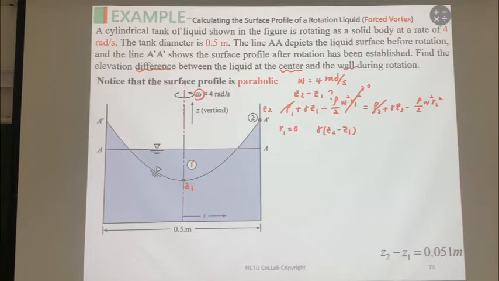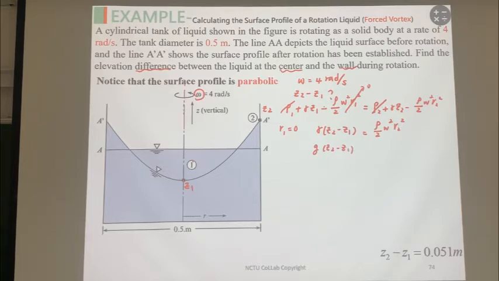Okay, I move this item to the right hand side and take this item to the left hand side. And then this is 2 over rho omega square and R2 square. We know gamma is rho g, so here we only have g.